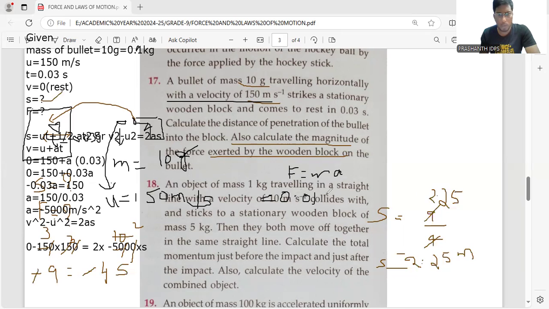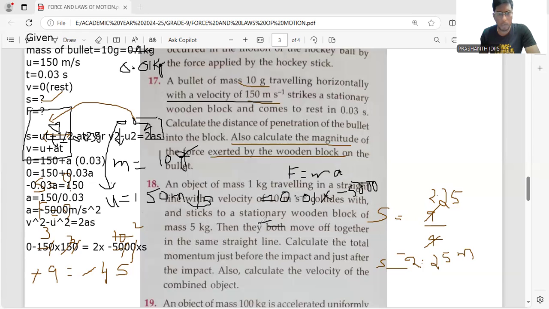Into acceleration, sorry, minus 5,000. Here I had written 0.1 kg, but 10 grams, when you convert it into kilograms, becomes 0.01 kg. So 0.01 into minus 5,000 meter per second square.